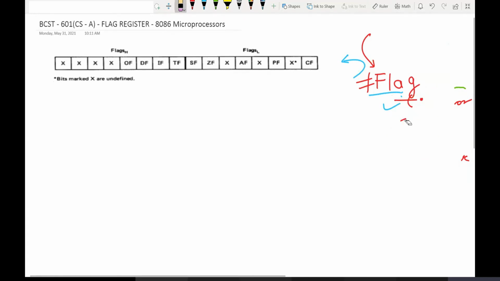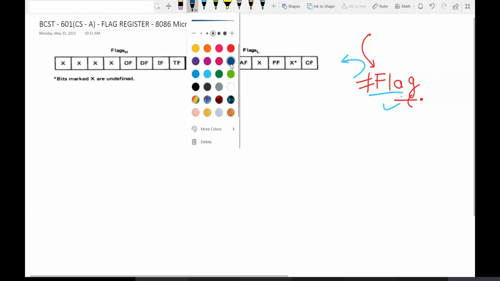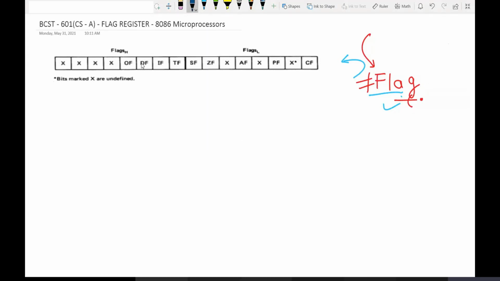So when we come to the technology or processing side, in 8086, what you are watching on the screen right now is called the flag register. This is a 16-bit register.